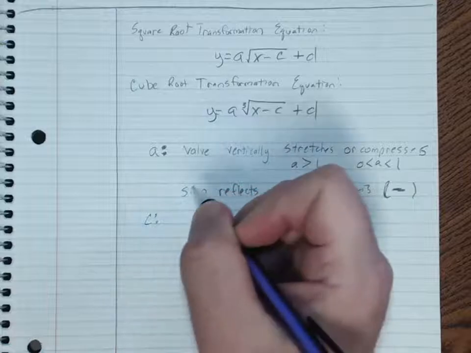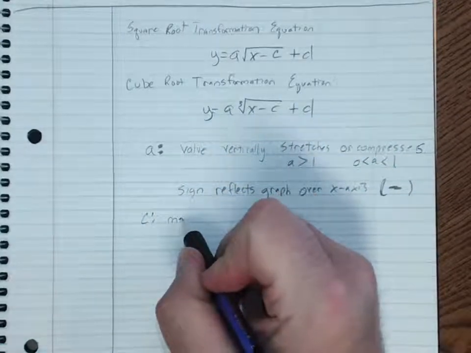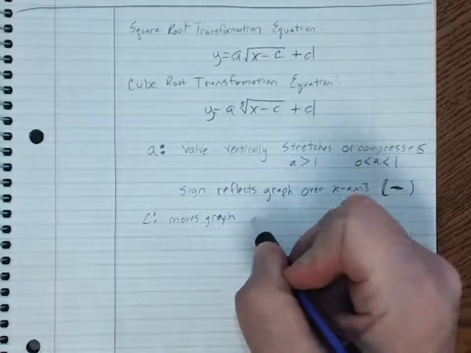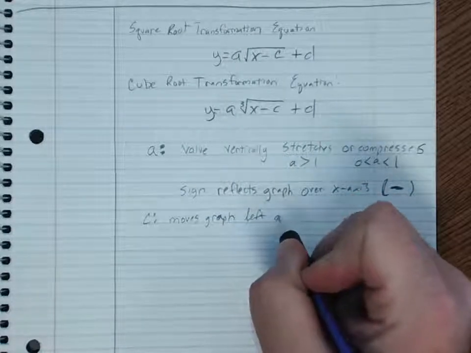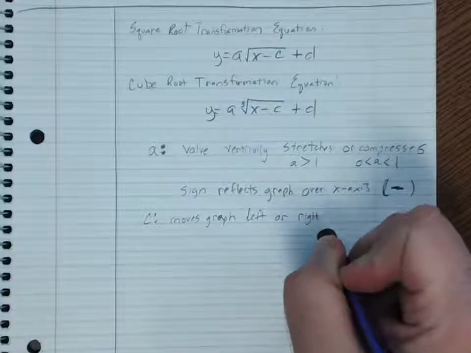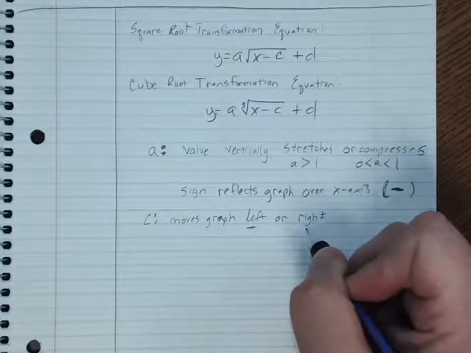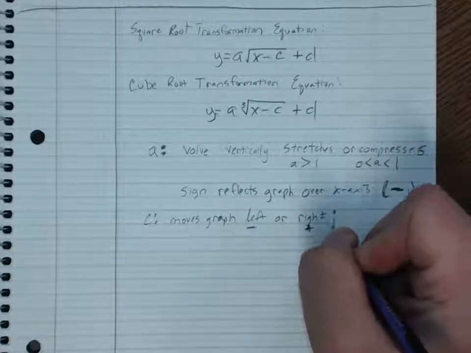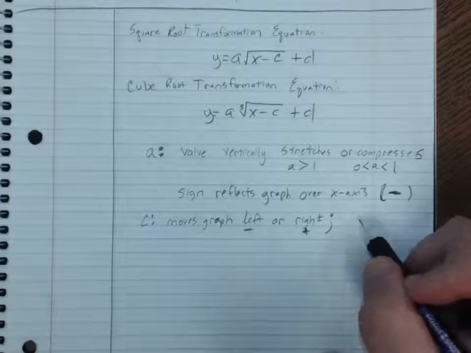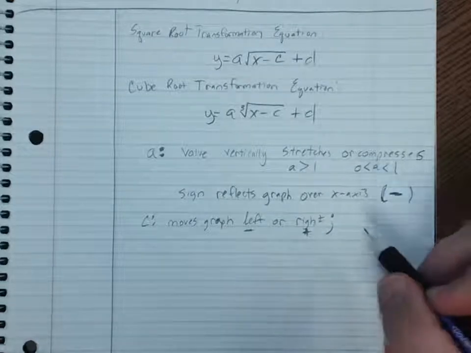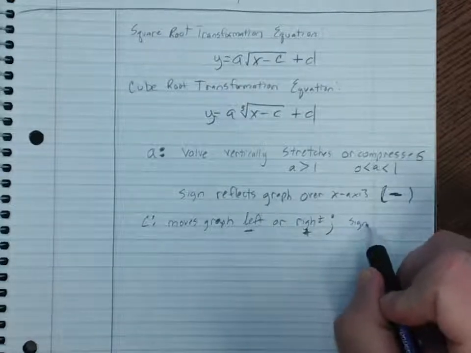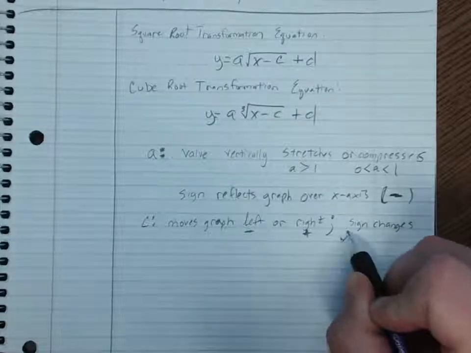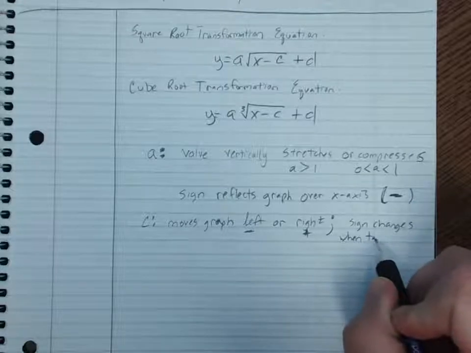The C value moves the graph left or right. Left is if it's a negative, right is if it's a positive value. And a note, the C value's sign changes when you take it from the equation.